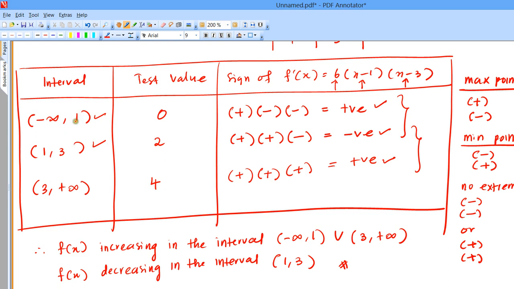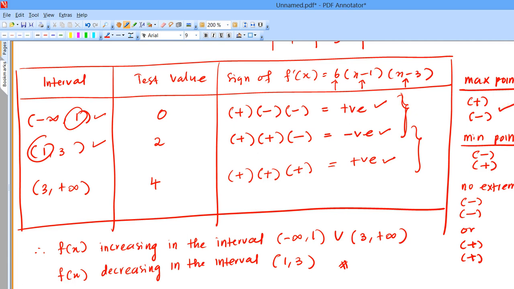the critical value that appears on both intervals is 1. So the value of x is equal to 1, and from the signs we can see that the first sign is positive and the second sign is negative, meaning this one is a maximum point.